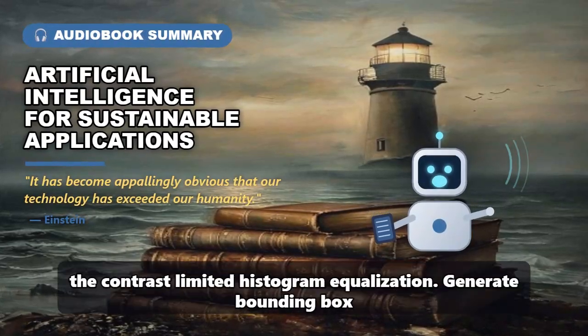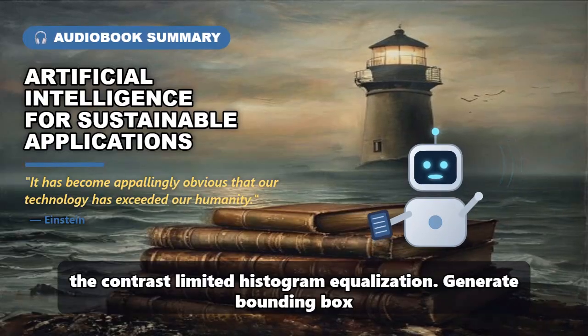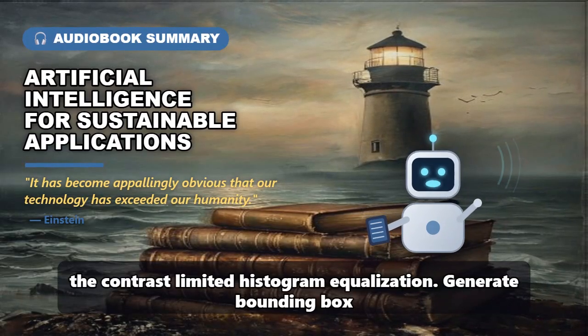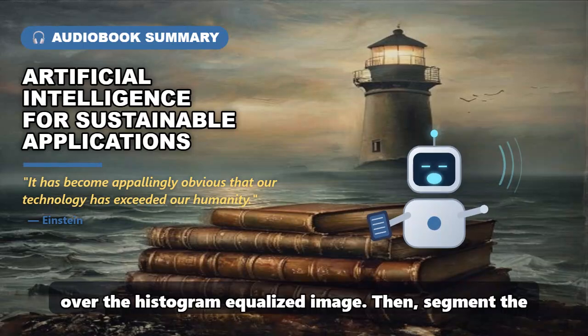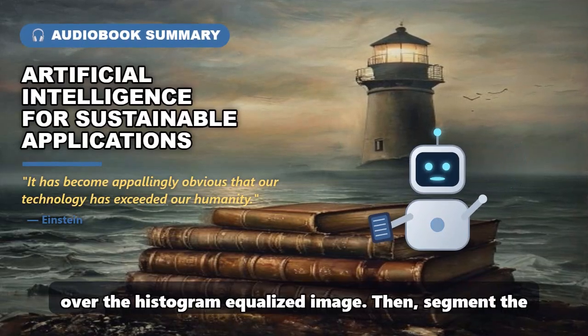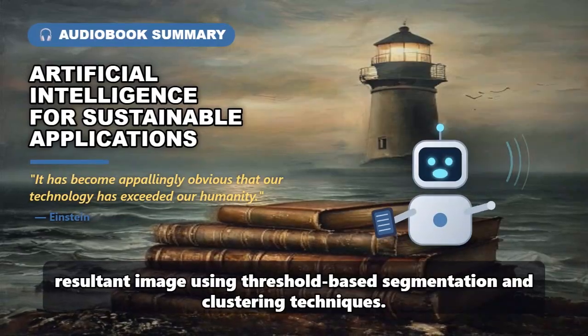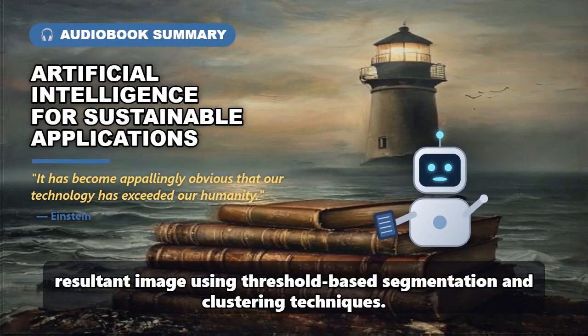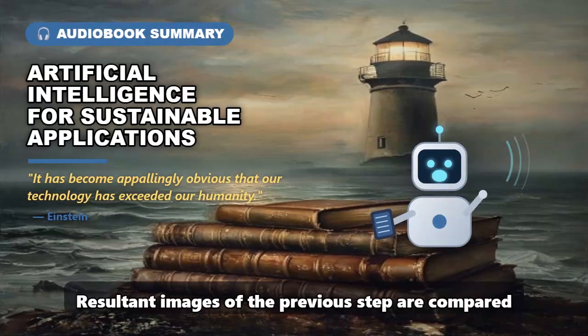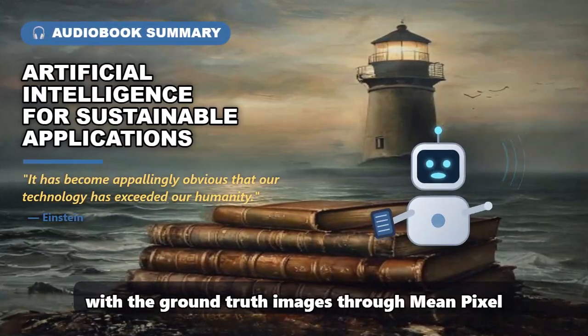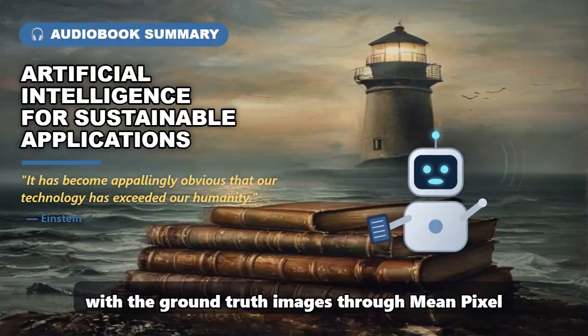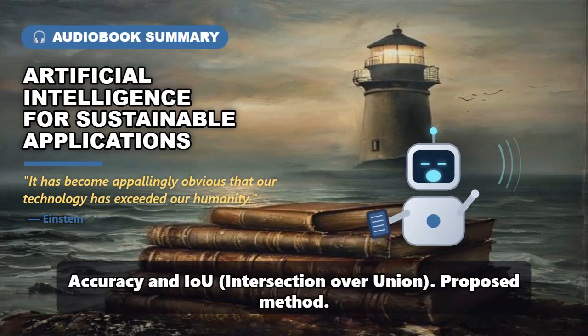Apply contrast limited histogram equalization. Generate bounding box over the histogram equalized image. Then, segment the resultant image using threshold-based segmentation and clustering techniques. Resultant images of the previous step are compared with the ground truth images through mean pixel accuracy and IOU, intersection over union.